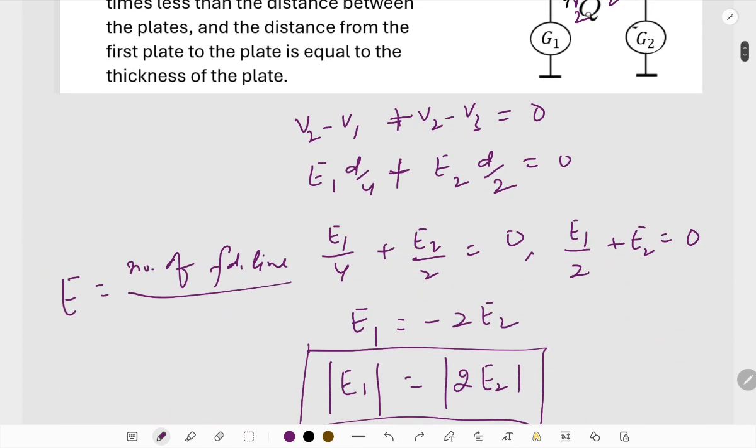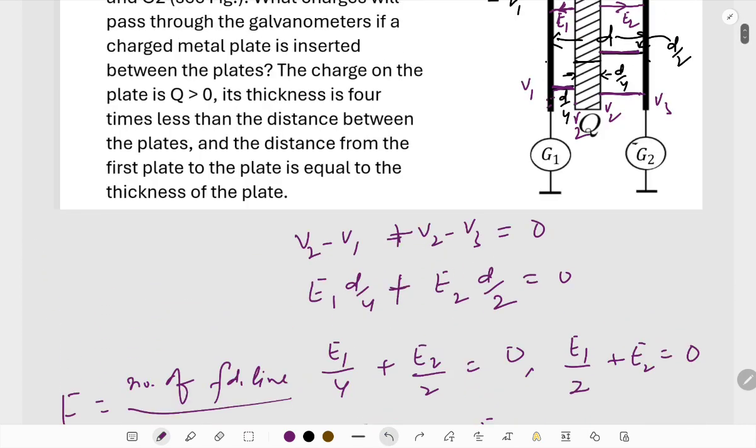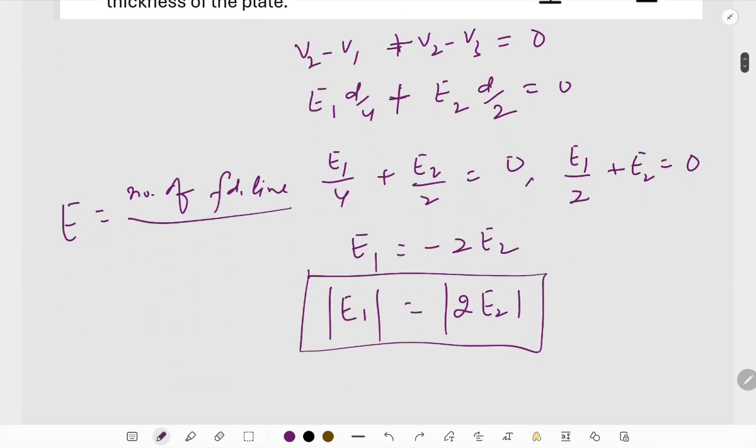So you can write here that the electric field is simply proportional to the number of field lines, because both cross-sectional areas are the same. And the number of field lines is proportional to, you must know the second statement of electric field lines, the charge on which these lines begin.